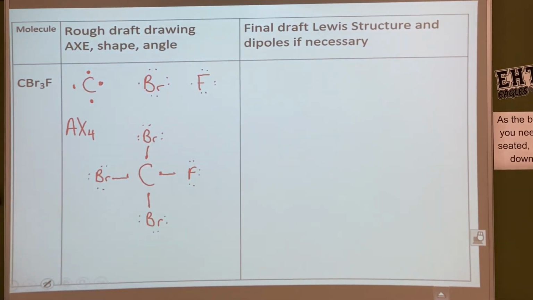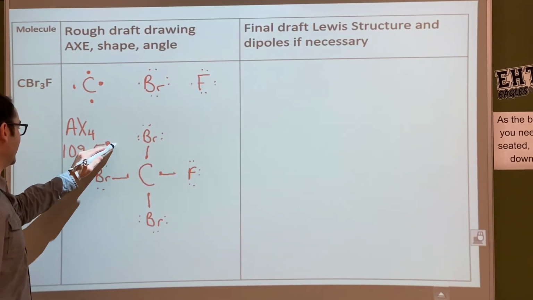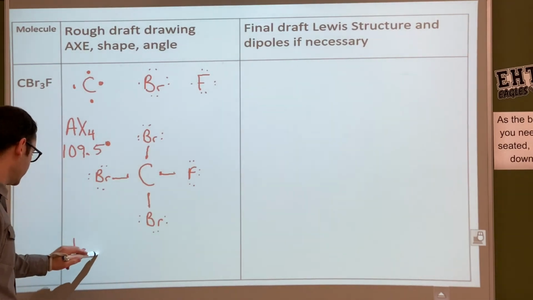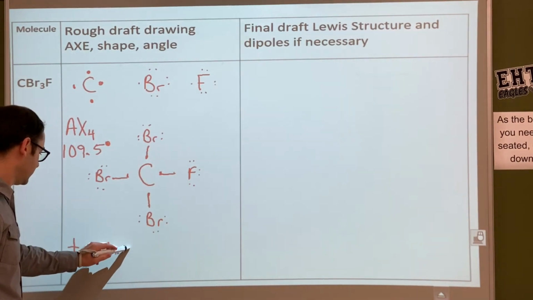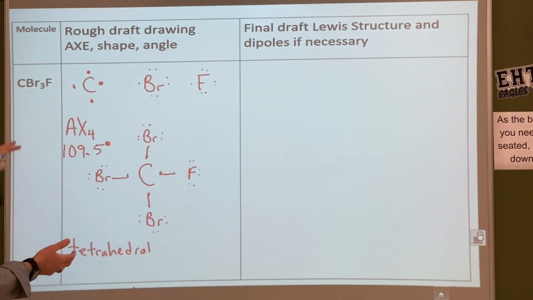Because it's AX4, what's the bond angle? 109.5. Good, 109.5. Is there anything else that we can tell from that? Yeah, the shape, good, it's tetrahedral. All right, we have these 3 things, good.